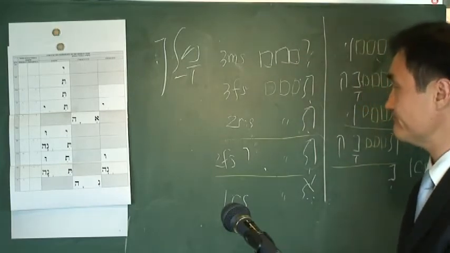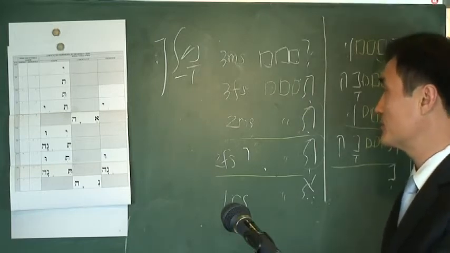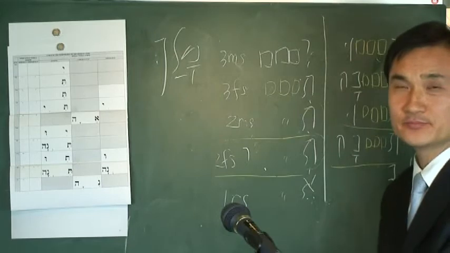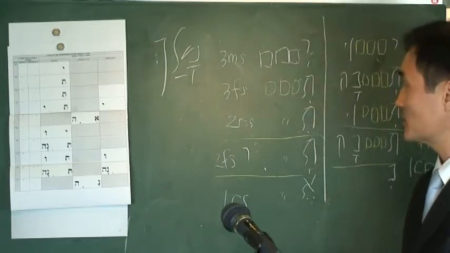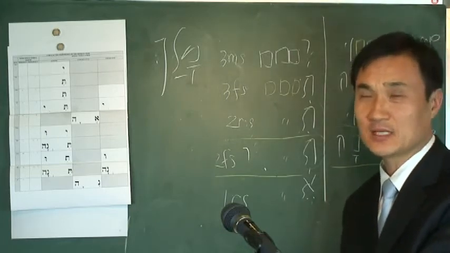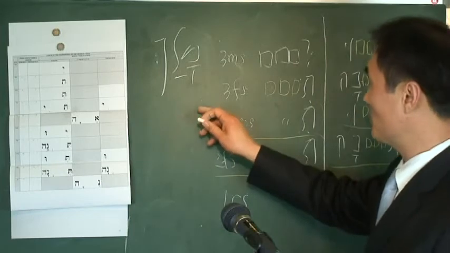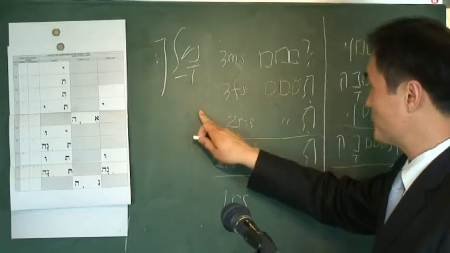This is the third person masculine singular of the qal perfect form. We would translate this as he ruled.